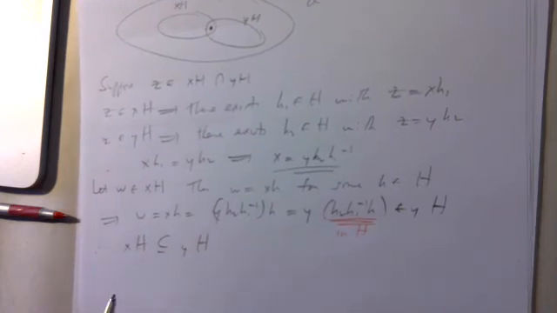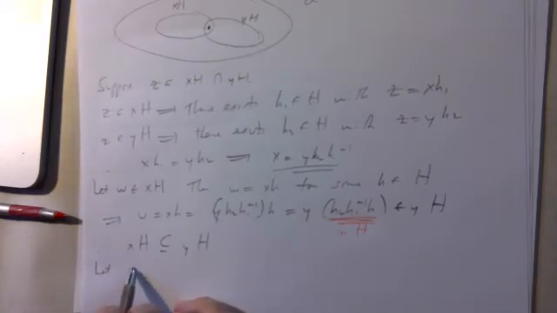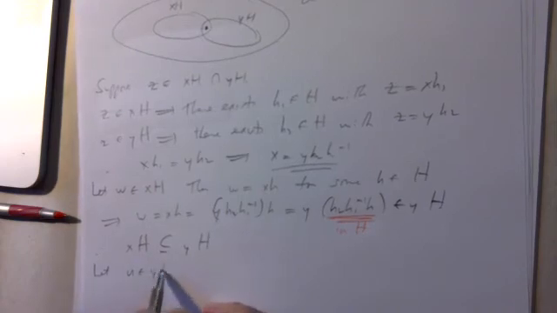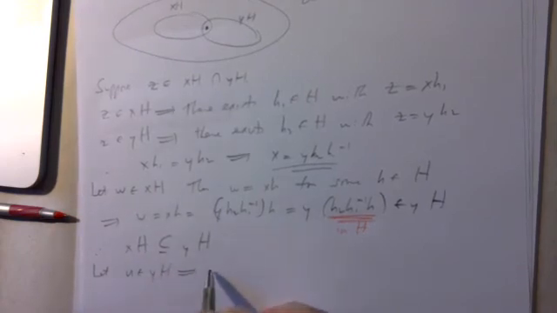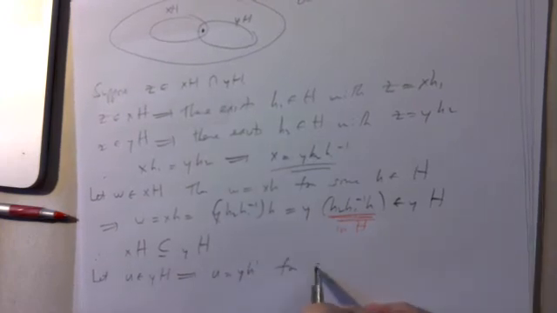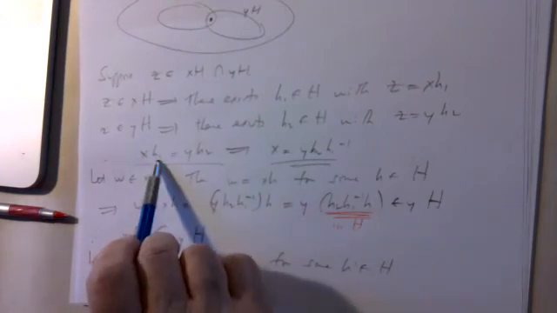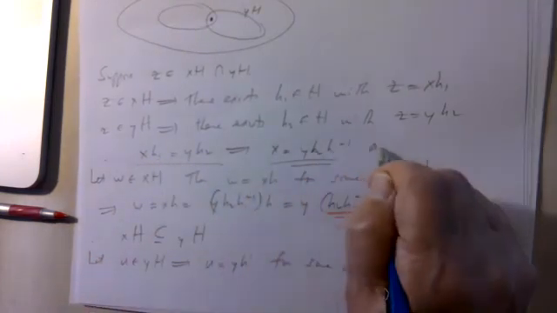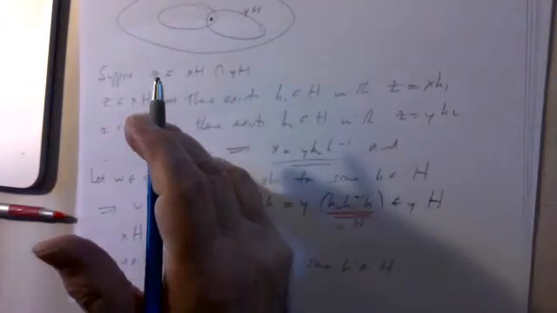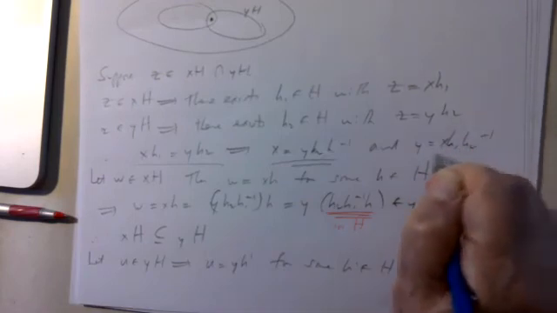But the argument also works in the opposite direction. Let u be in the left coset yH. So then u is yh' for some h' in H. Now, remember from this relation, if I multiply it on the right by h1 inverse, I get x is equal to this. If I multiplied on the right by h2 inverse, I would get y is xh1 h2 inverse.